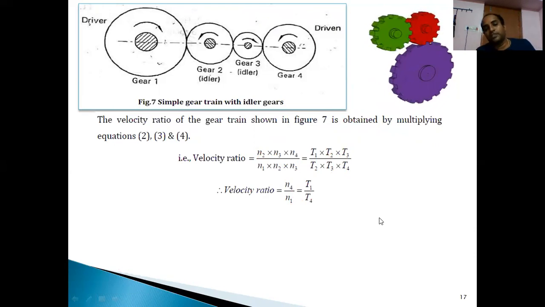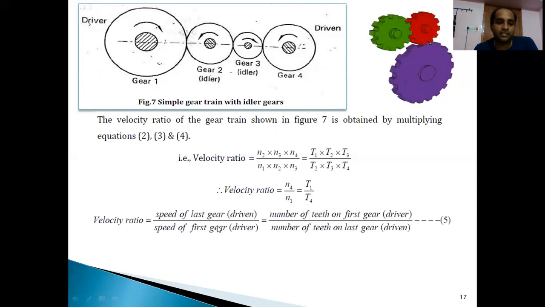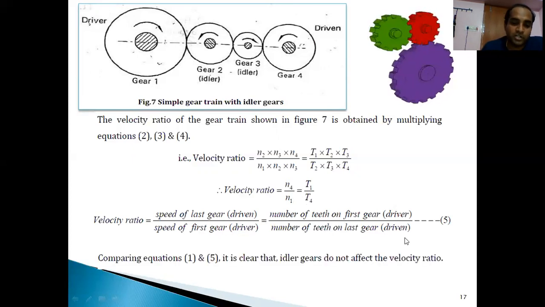Therefore, for a simple gear train with idler gears, we can write the speed of the driven gear to the speed of the driver gear is equal to the number of teeth on the driver gear to the number of teeth on the driven gear. Or you can say that the speed of the last gear to the speed of the first gear is equal to the number of teeth on the first gear to the number of teeth on the last gear. This is the equation.